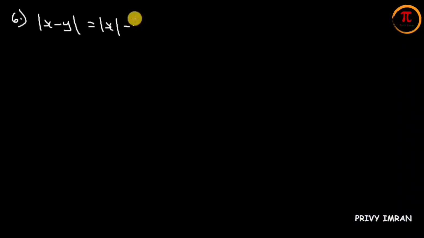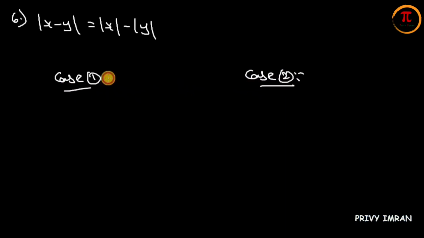Now point number 6. Point number 6 is modulus of x minus y will be equal to mod x minus mod y. This condition also is satisfied in two cases. Case 1 and again case 2. In case 1, here x value should be greater than or equal to 0 and y value should be greater than or equal to 0.